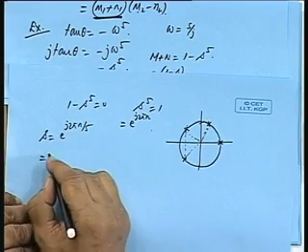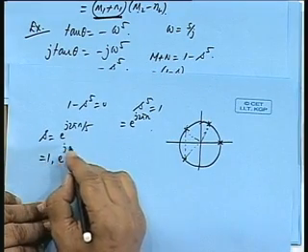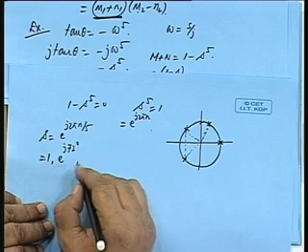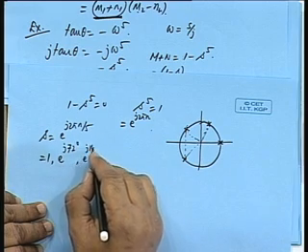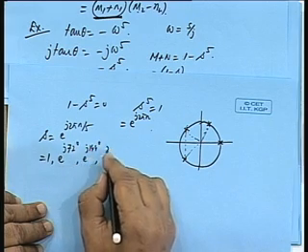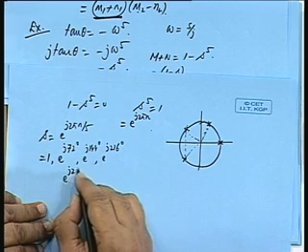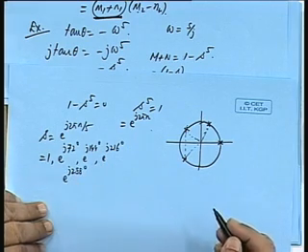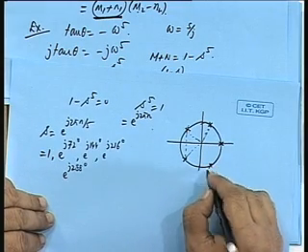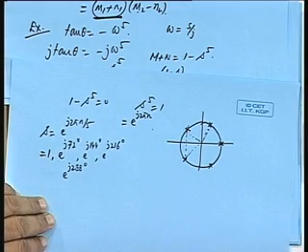So, the values are 1, e to the power j 72 degrees, e to the power j 144 degrees, e to the power j 216 degrees, e to the power j 288 degrees. These are the 5 roots. Is that all right?